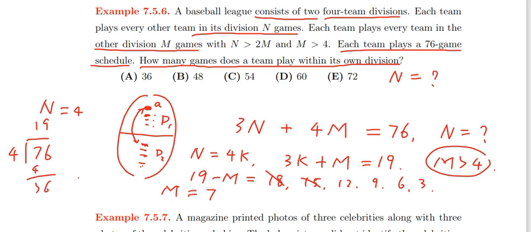Or if 19 minus m equals 9, then m equals 10. Or m could be 13, and it could be 16.